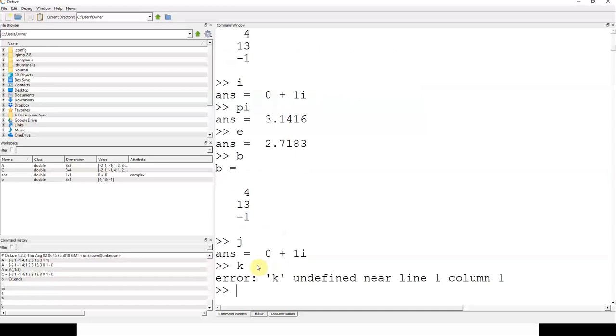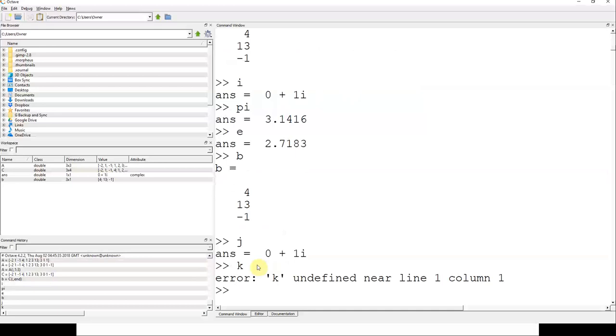Alright, every variable is stored. In Octave, and MATLAB too, you have this place where it tells you everything that you've been doing. So you have stored A, C, ANS. ANS is a variable.